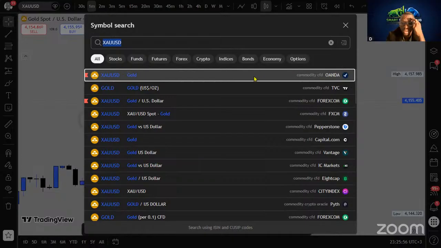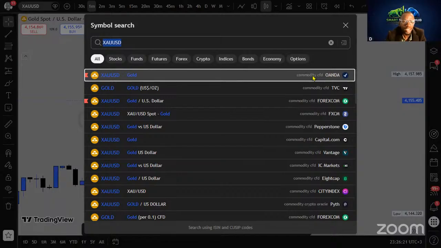We use Oanda most of the time because we can trust the data coming from Oanda, because it's verified and regulated in the US. Normally 99% of retail traders watching the market just use Oanda.